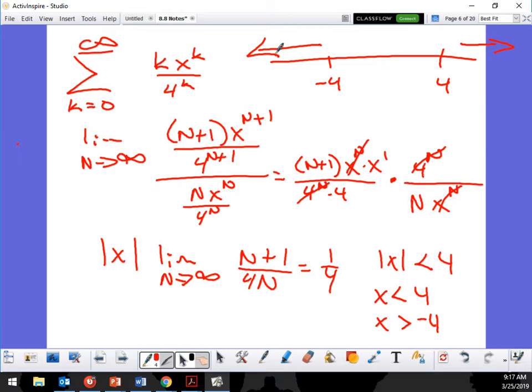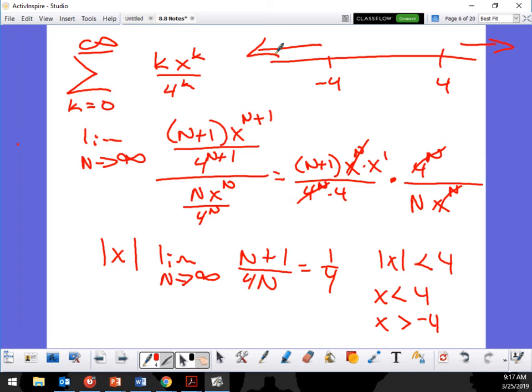So let's see what happens when I plug in 4. If I plug in +4 right here, what do we get? I get 1, right? Now, you recall, what is my ratio test? What happens when I get 1? It fails. You can't tell either way.